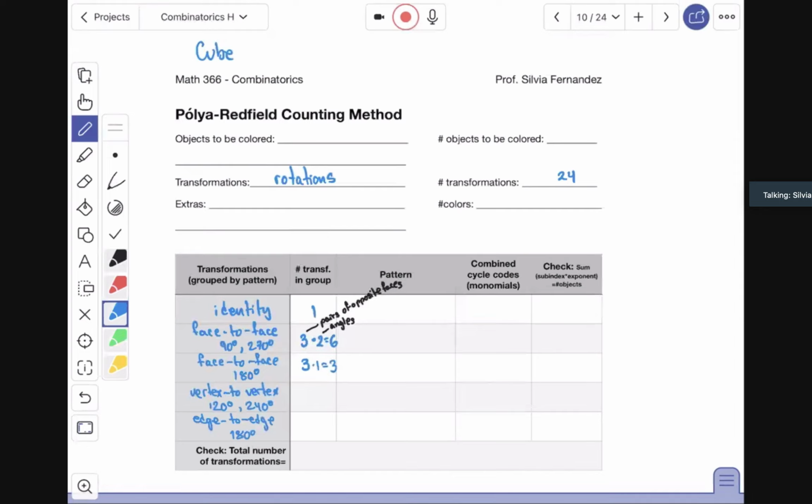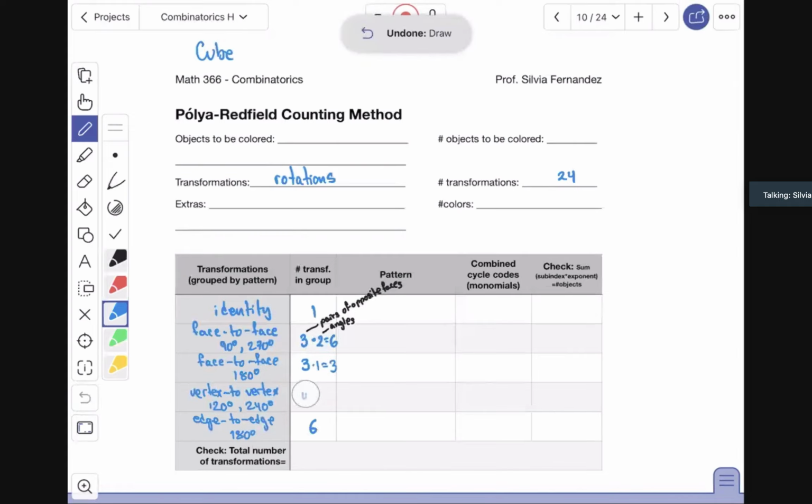Okay. So for this one, there are 6 of these because I have 12 edges and I'm taking pairs of opposite edges. And for this one, there are 8. Let me write it like this.